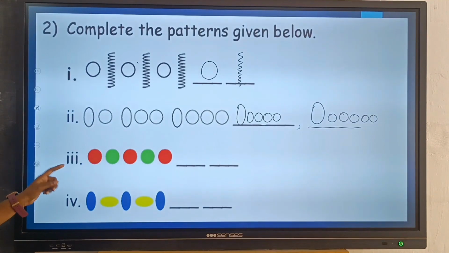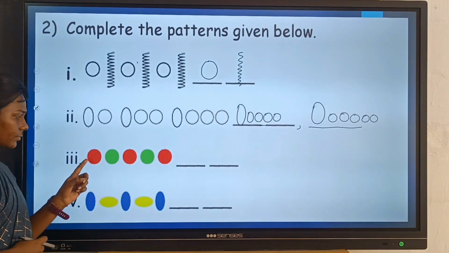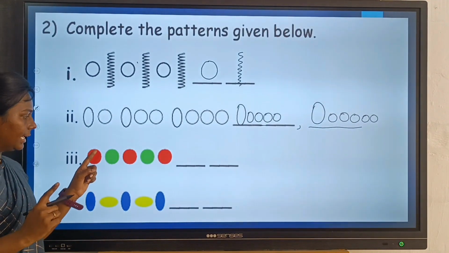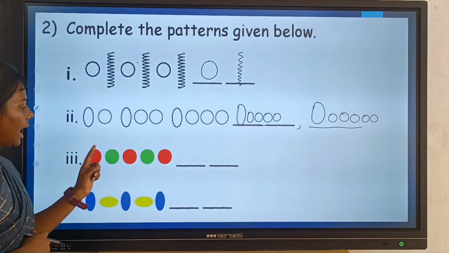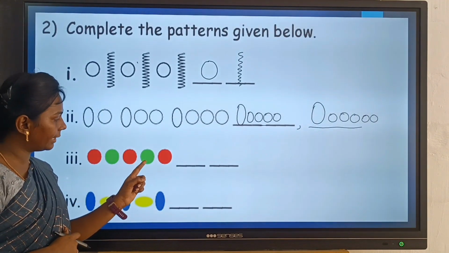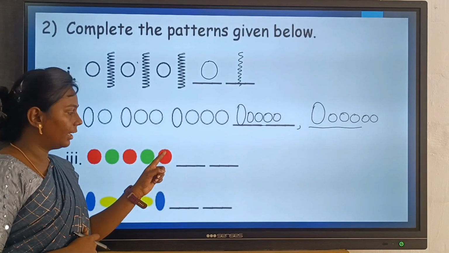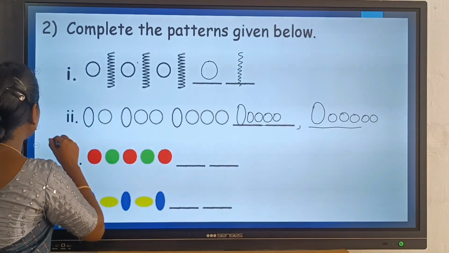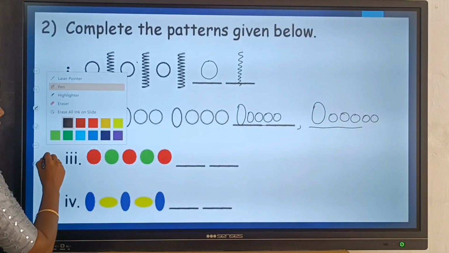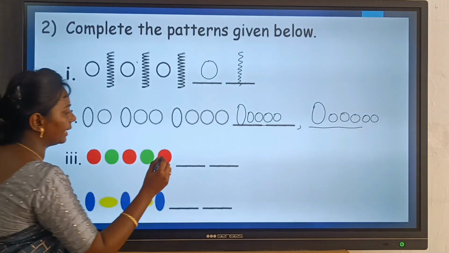See the next one, third one. Here, first red color circle, then green color. Again red color, green color. Again red color. So what comes next? Very good, green color.